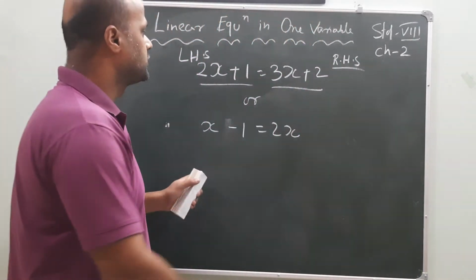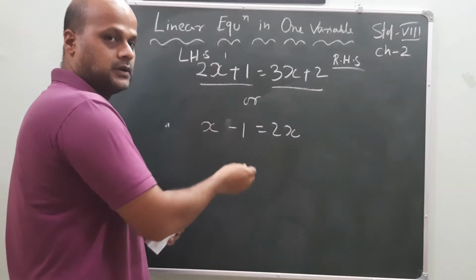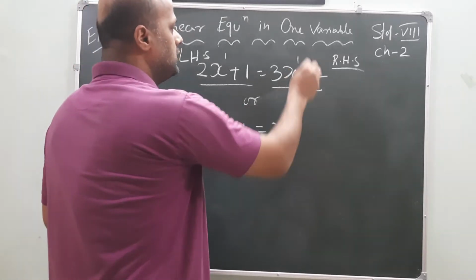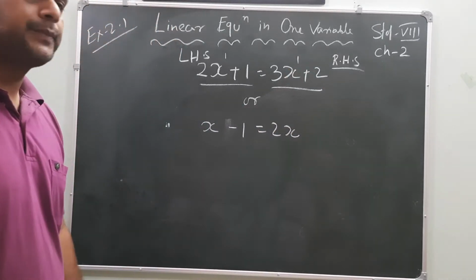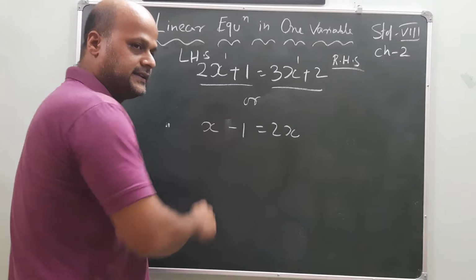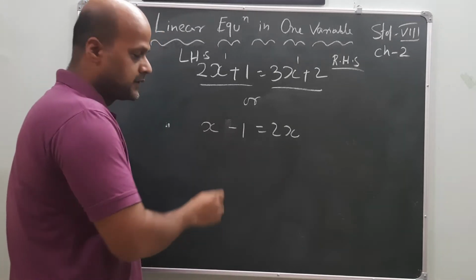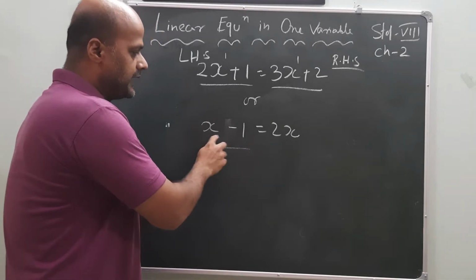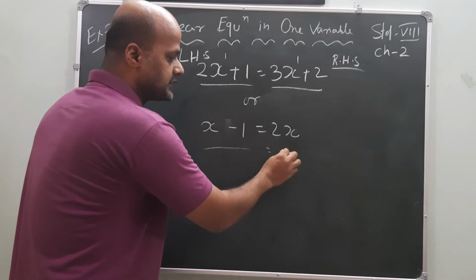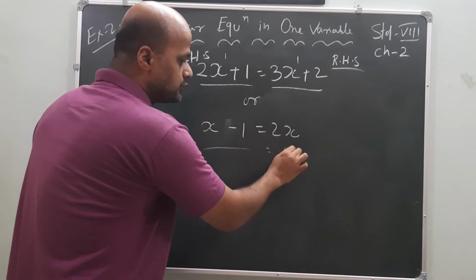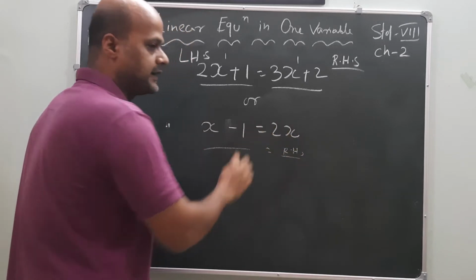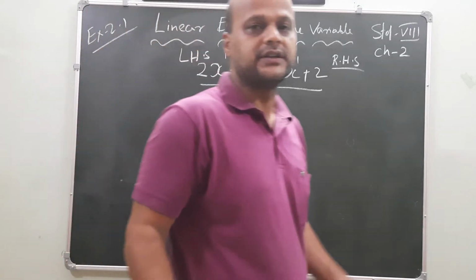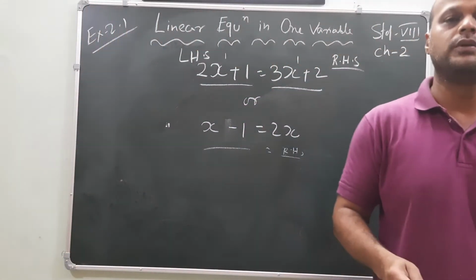Another thing to notice here: what is the power? 1 or not? So be careful, the power is also 1. In the second case there is a minus sign, but in both cases the left hand side is x minus 1 and the right hand side is 2x. When variables are present on both sides, how do we solve the problem?